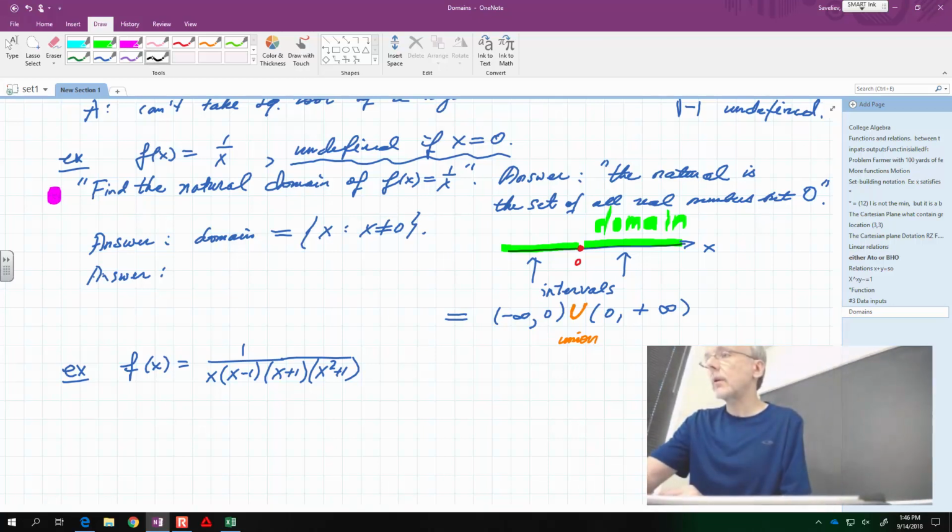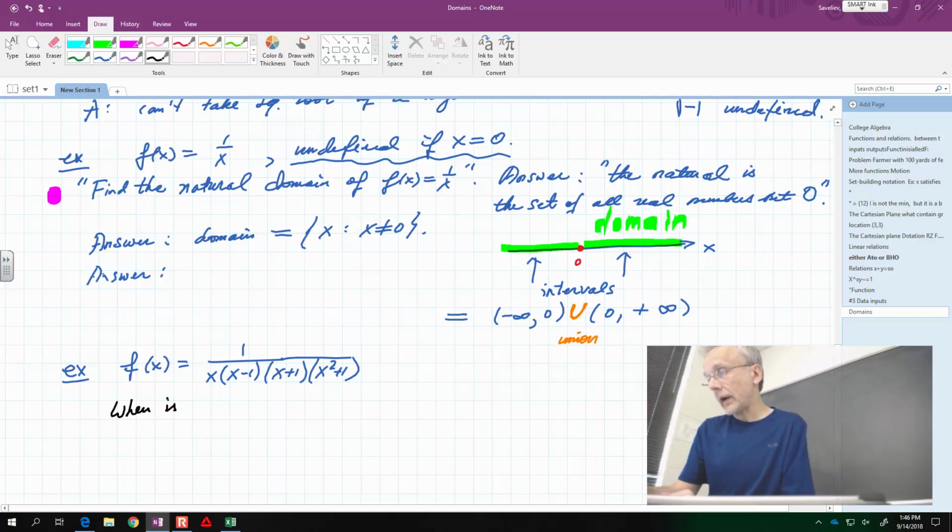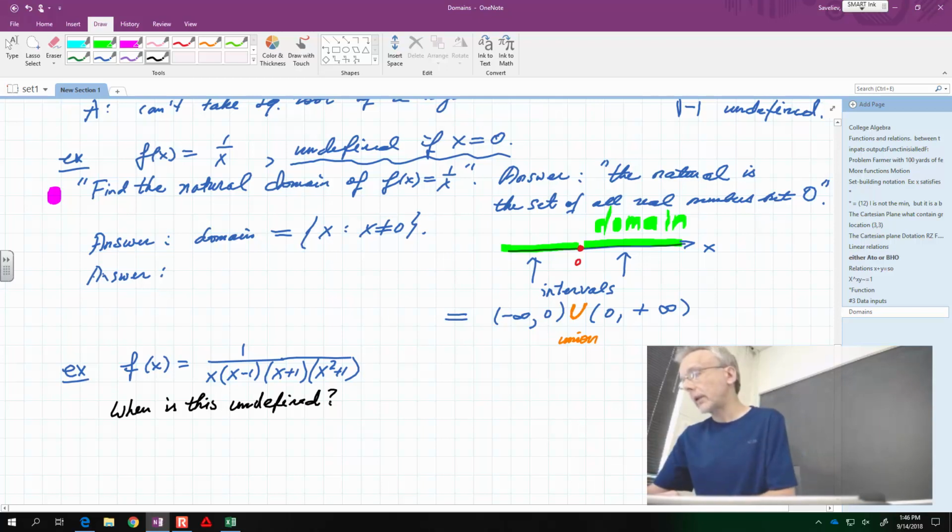So what do you have to look out for? You ask yourself, when is this undefined? And one quick answer, not complete, but the quick answer is whenever the denominator is 0.